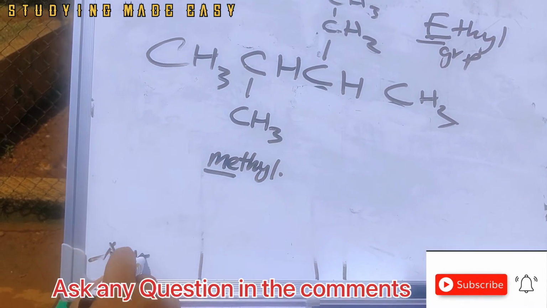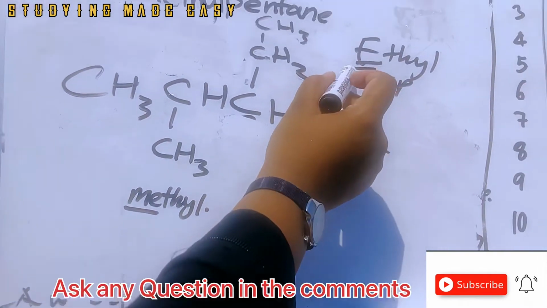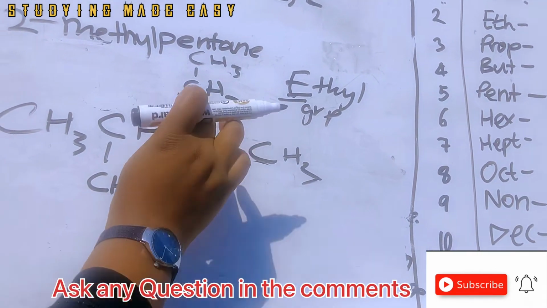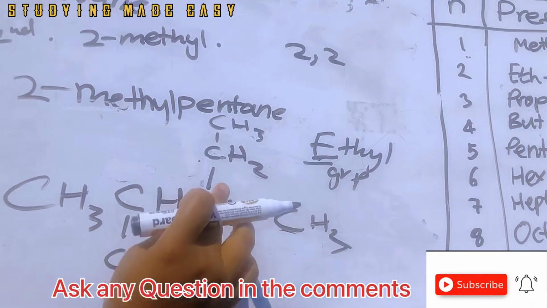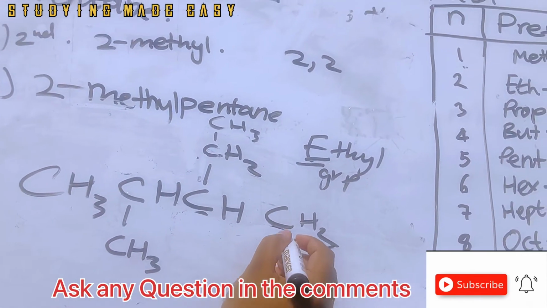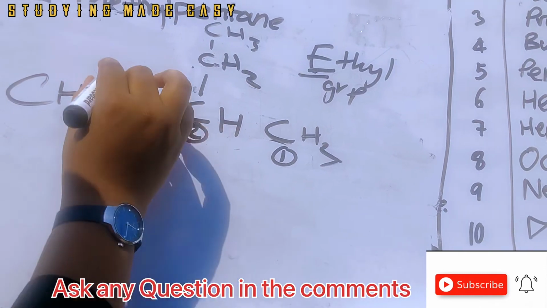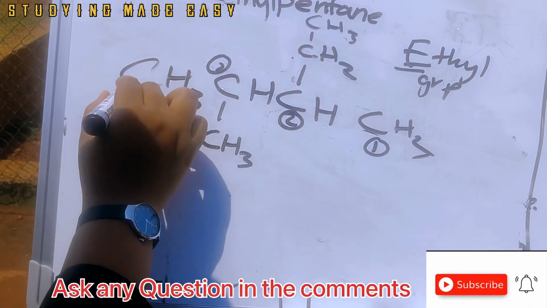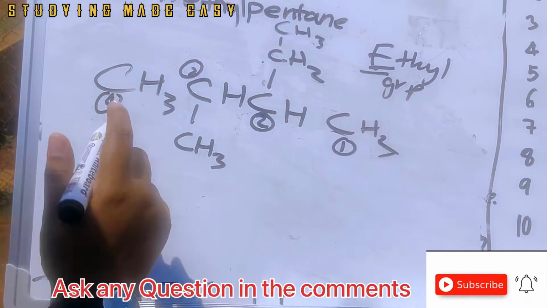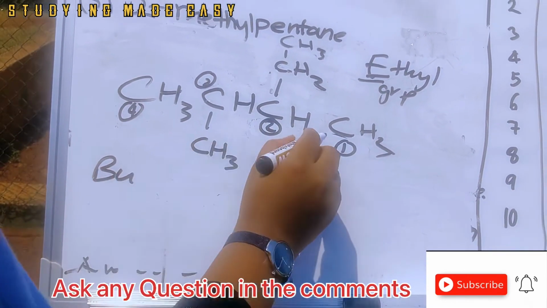If you do A, B, C, D, E, F, G, you'll see E comes before M. So we're going to give this ethyl group the smallest possible number. So we're going to start counting from this side. 1, 2, 3, and this is going to be our 4th one. So we've identified that our chain is a but-, right? Because it has 1, 2, 3, 4.